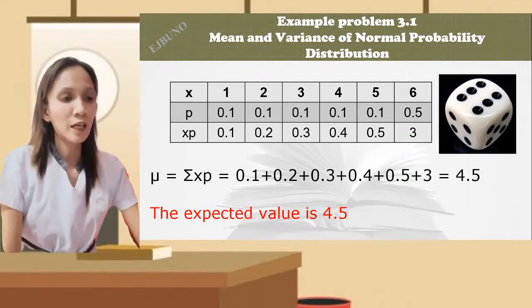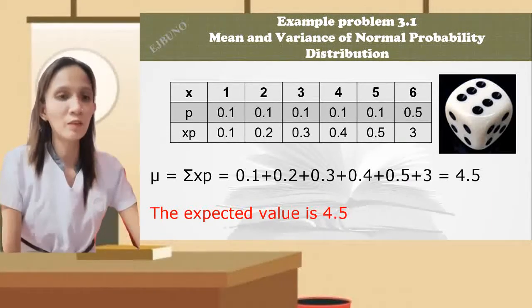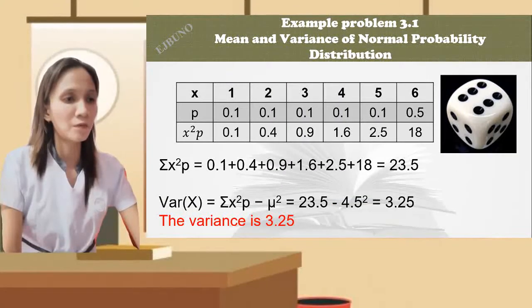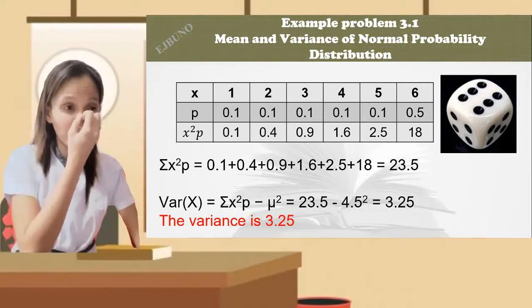The expected value is 4.5. That is our mean. And the next is for the variance. Here, we first get the summation of x squared times p.